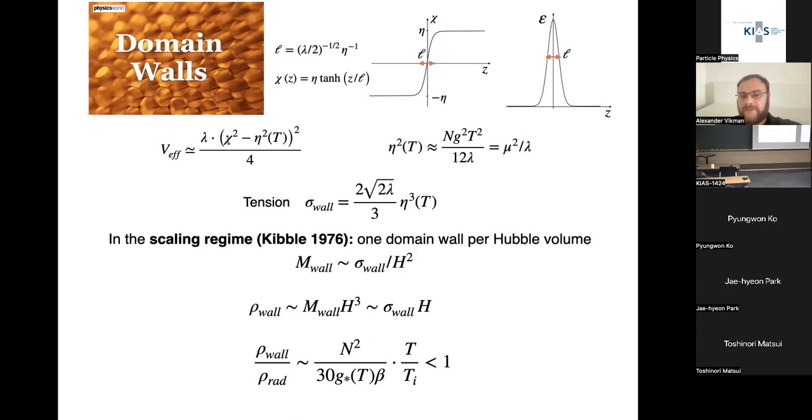Effectively, this formula introduces a bound on the number of fields allowed there in this thermal phi. And the interesting thing is, if it is less than 1 at the beginning, then after that it just decays as temperature. So if it was not a dominant energy source for the universe at the moment of creation of these domain walls, then it stays a subdominant component forever. So we don't need to care about it.